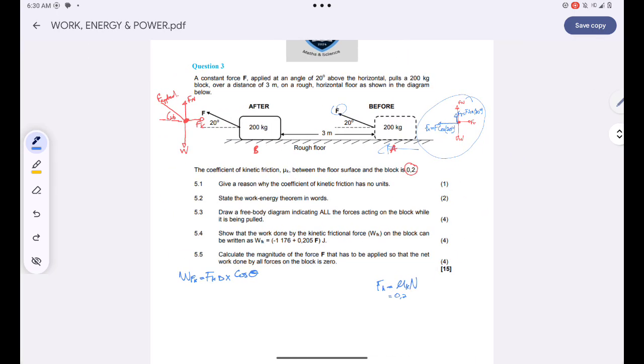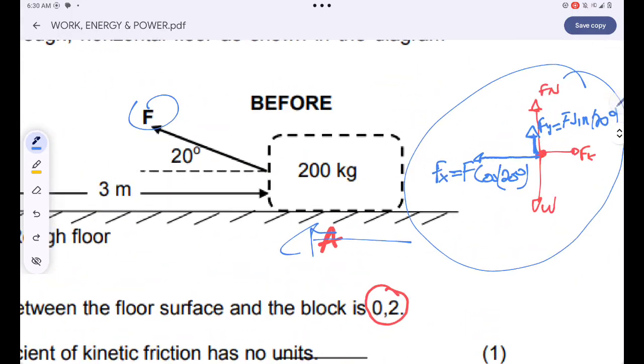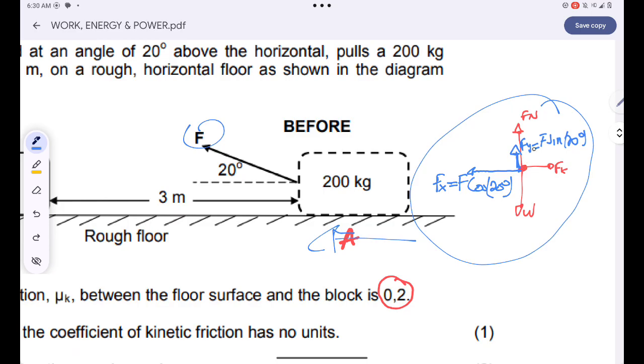However, since we have a vertical component, a normal force is not equal to a gravitational force. Are we together? However, the sum of the two upwards forces will equal a gravitational force. Because the two forces are balanced.